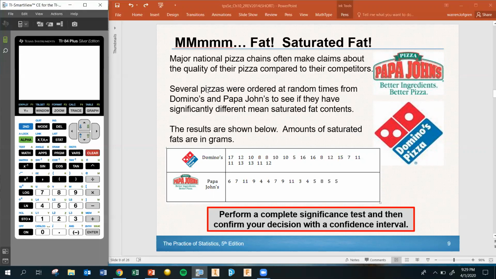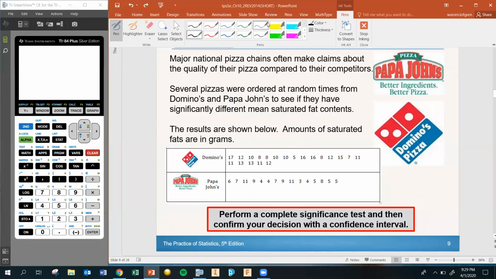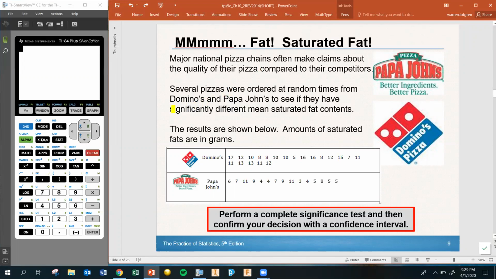But it goes on. It says here several pizzas were ordered at random times from Domino's and Papa John's to see if they have significantly different mean saturated fat contents. So I'm going to highlight something here for you. We're talking about whether or not they have significantly different being a key word, mean saturated fat content.